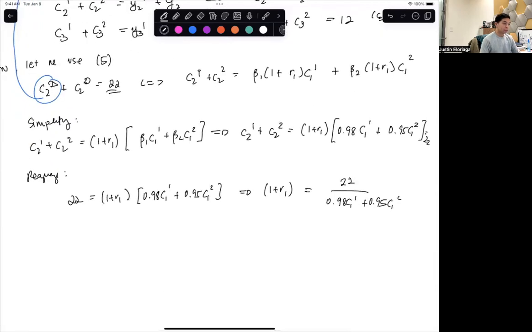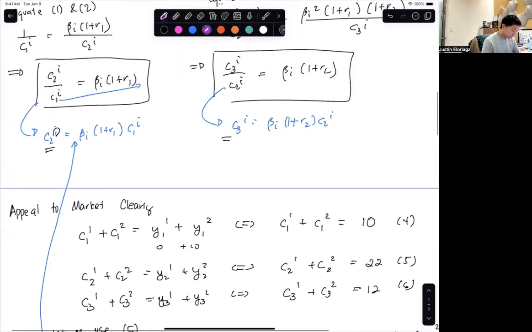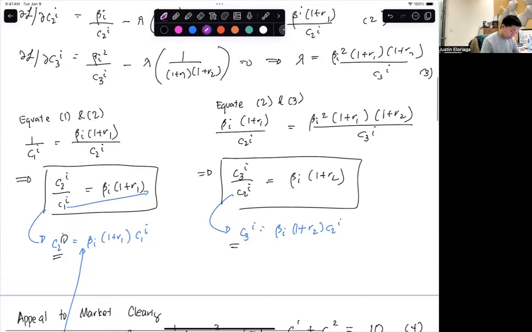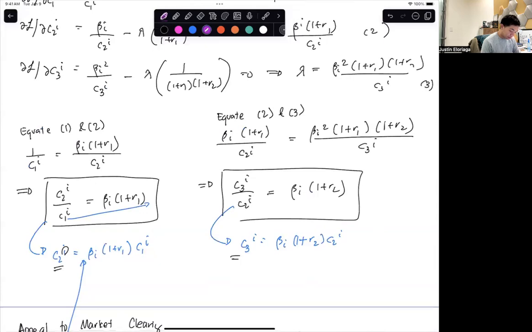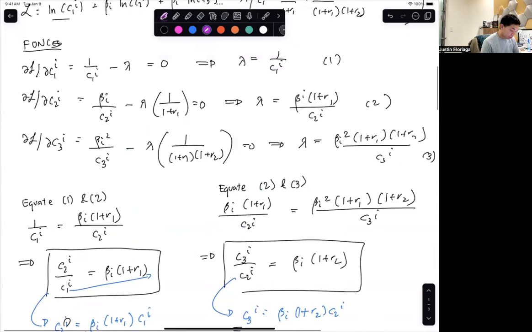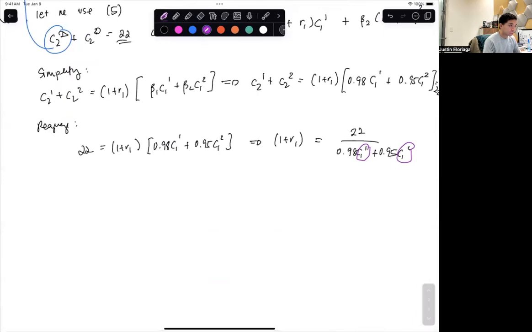So basically, we now know what R1 is as long as we have these values. If we can solve for them, we're done. If you recall, we can actually do that. We have values, so we can solve for the optimal C's. We have here C2i and C3i, so we can get a value for C1i and the others.